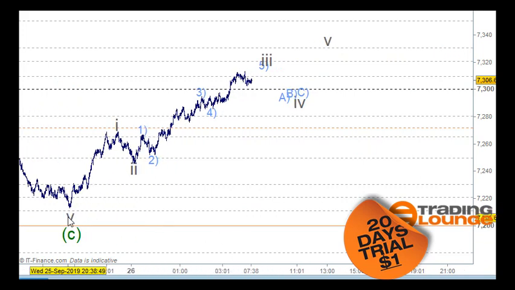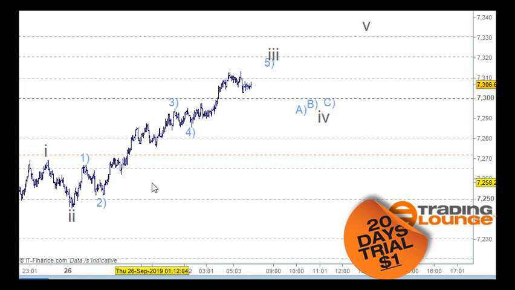We can see that we've got wave 1 here, and it's got a nice 5 wave structure for 1 and 2, and pulling this apart it's 1, 2, 1, 2, 3, 4, 5, and the 4th wave here, then 1, 2, 3, 4 and 5. So we've got a little bit more to go up to get the 3rd wave, then we'll have the 4th wave, and then the 5th wave.